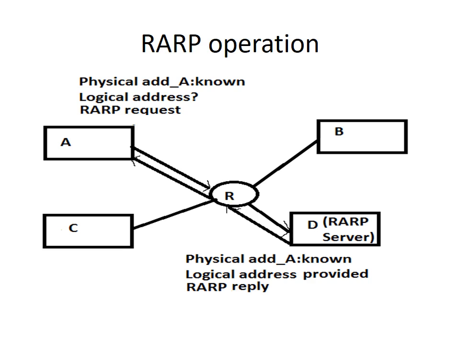In that scenario, host A passes a RARP request to the router it is connected to. From the router, the request is forwarded to the RARP server, host D. The RARP server maintains a static table containing all the information related to physical and logical addresses available on the network.